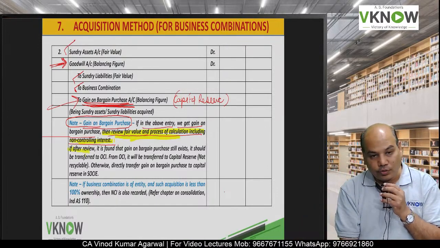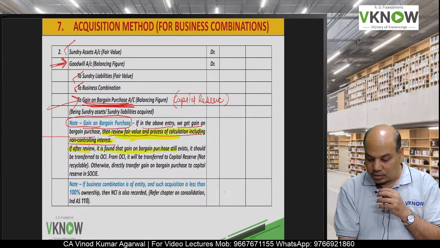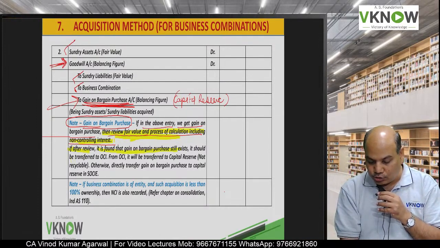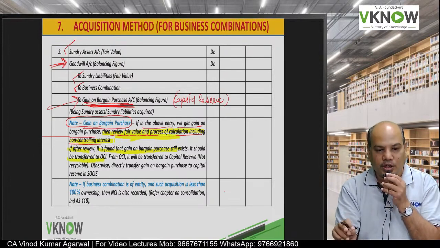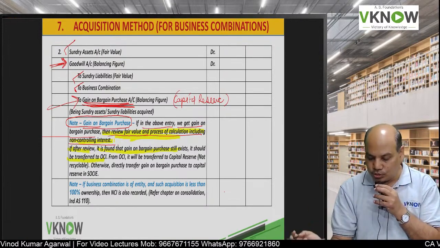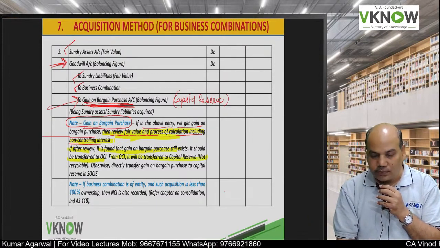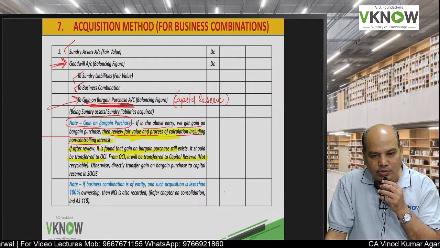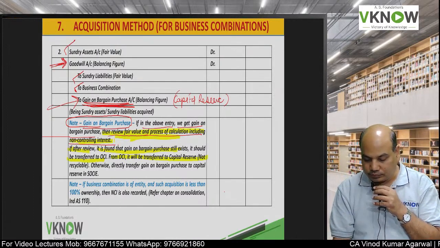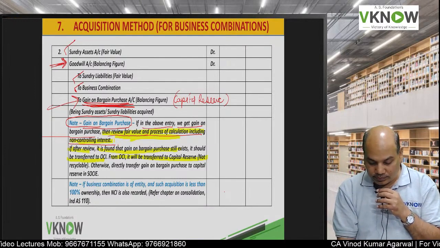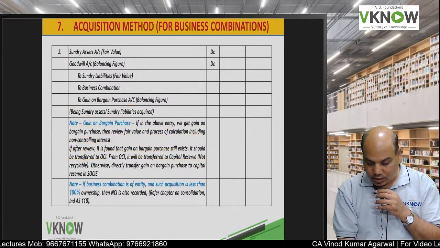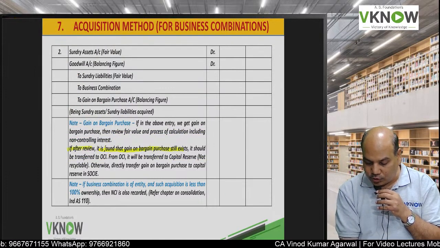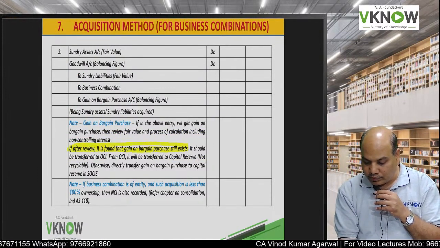If after your review you find that the condition of gain on bargain purchase still exists, then it should first be transferred to OCI, and from OCI it will be transferred to capital reserve. But sometimes we are not able to satisfy this condition, that is, after review also we are not sure.